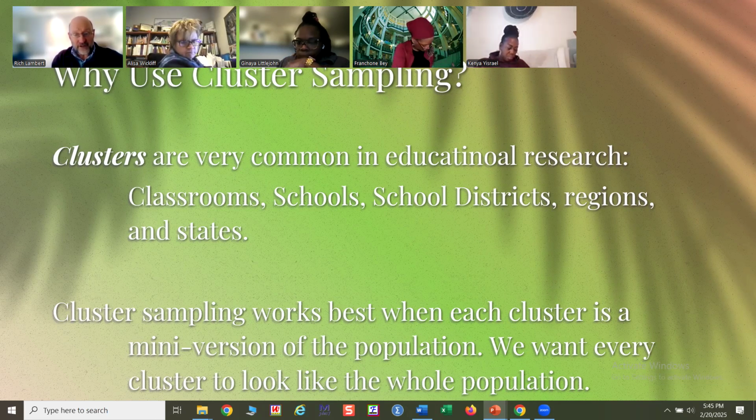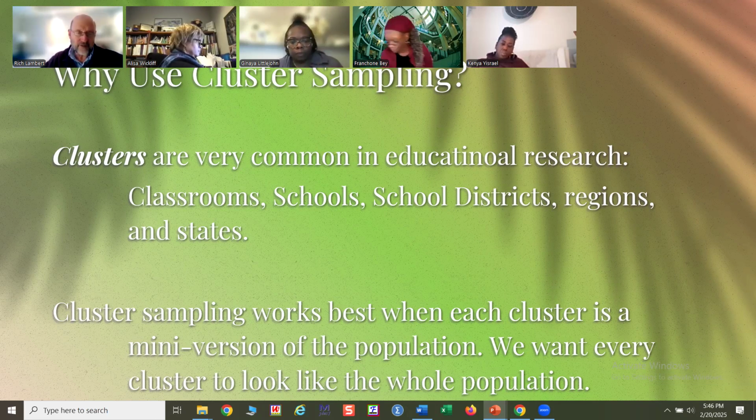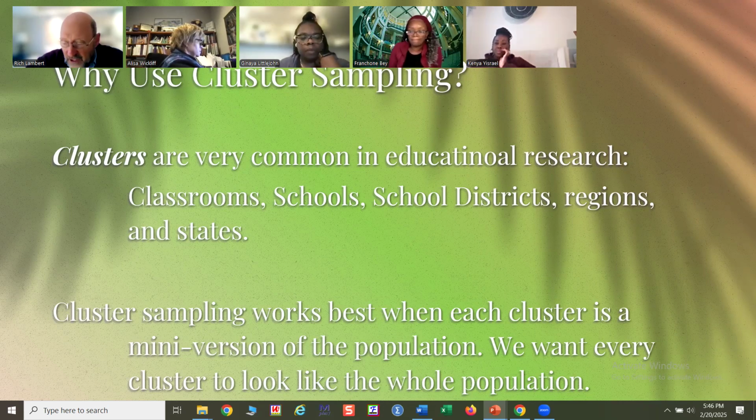Now, it works best when each cluster is a mini version of the population. So in an ideal circumstance, we want every cluster to look like the whole population. Now, this is where it breaks down a little bit in educational research. Because if you think about all the elementary schools in Charlotte-Mecklenburg schools, is each one of those schools essentially like a mini sample of the whole population?